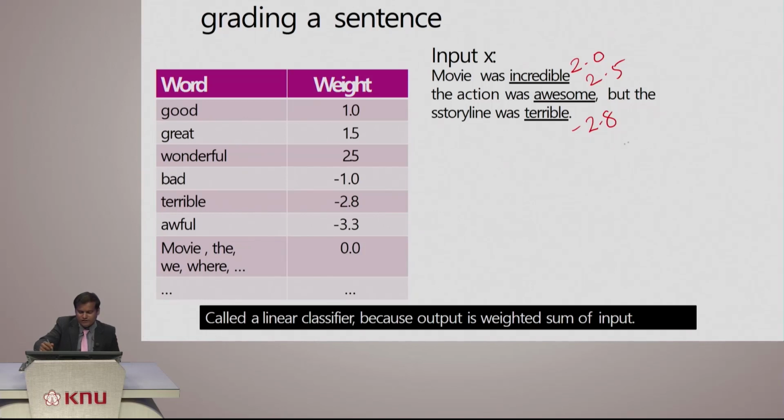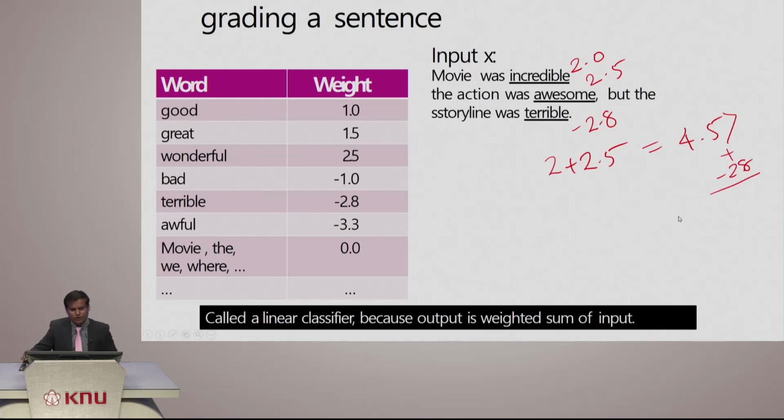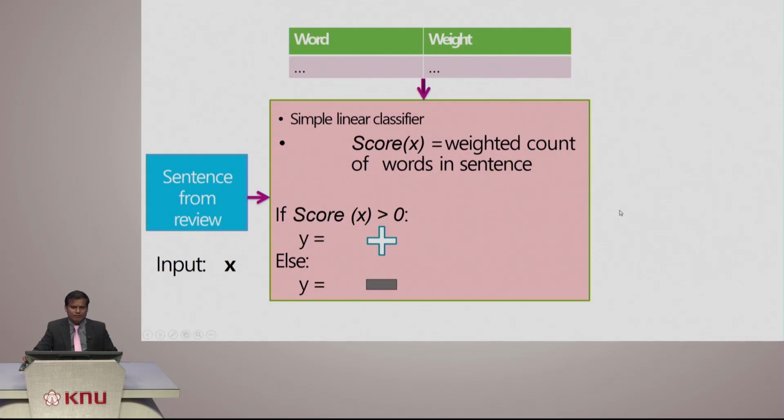So the basic thought is 2 plus 2.5. Then you have to say this is greater than, in fact, even if you add this with minus 2.8, you are getting a positive value. So this is the basic classifier that you have here. With this basic classifier we can actually make this sentence more appealing.